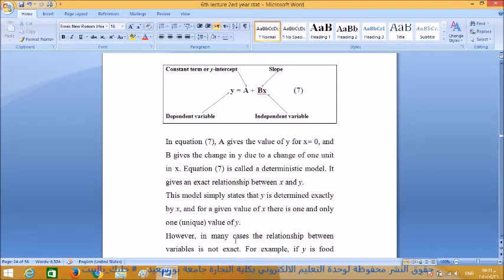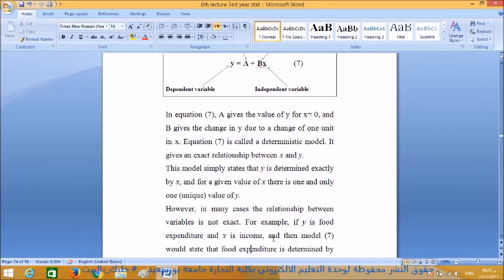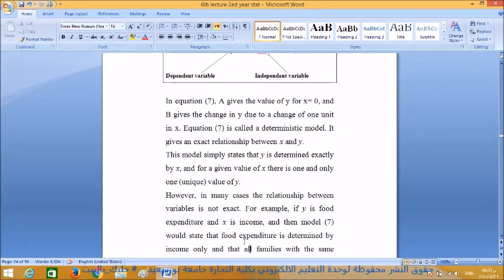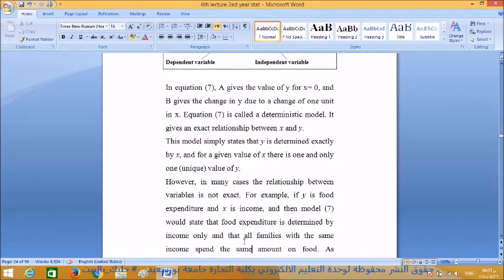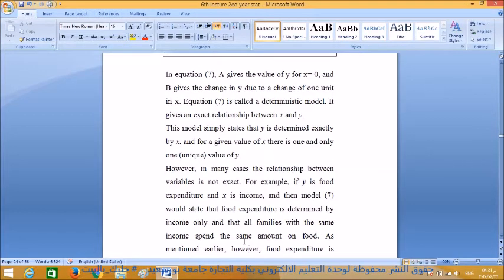However, in many cases the relationship between the two variables is not exact. For example, if y is food expenditure and x is income, then the model would state that food expenditure is determined by income only, and that all families with the same income spend the same amount on food.